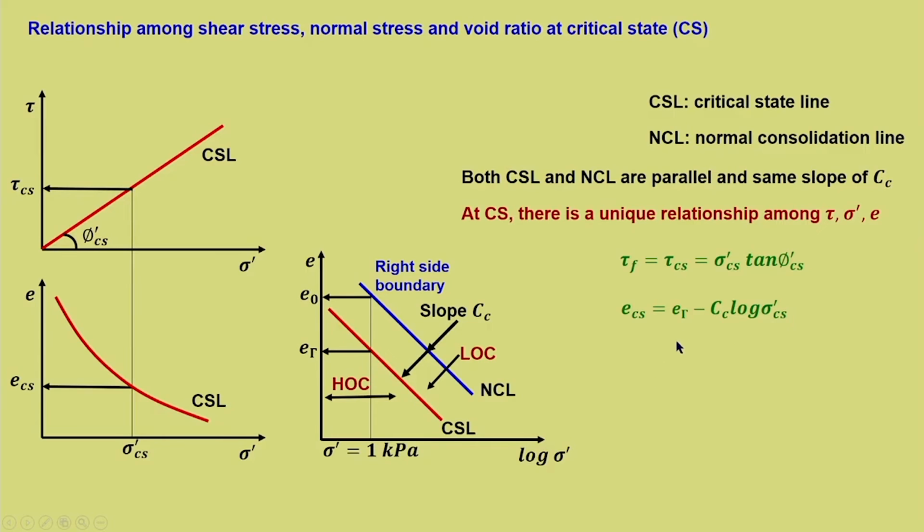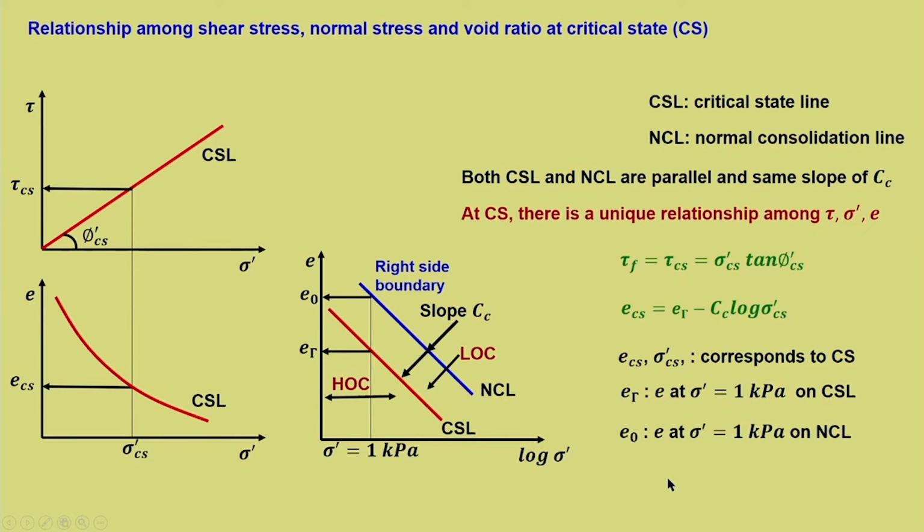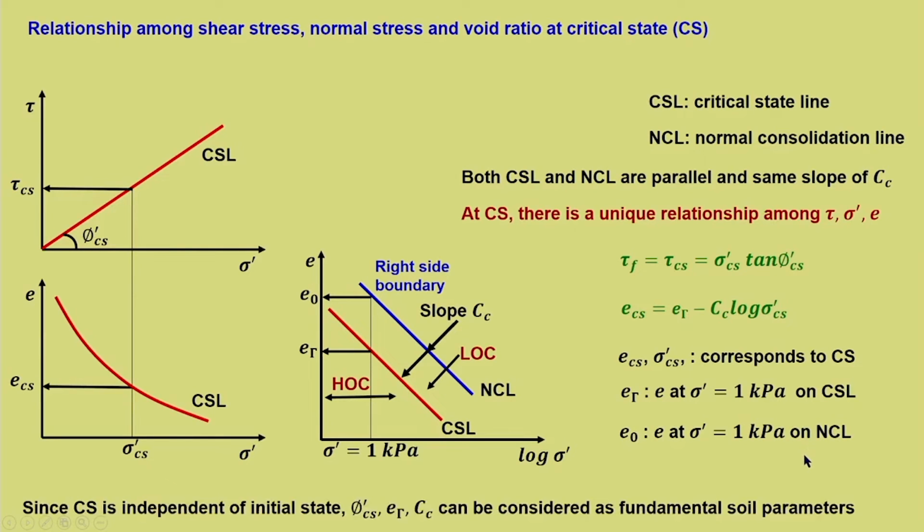So, these two are very important expressions, where e CS and sigma dash CS correspond to critical state. e gamma we have explained, that is e at sigma dash equal to 1 kilopascal on CSL, e naught is e at sigma dash equal to 1 kilopascal on NCL. So, since critical state is independent of initial state, phi dash CS, e gamma and Cc can be considered as fundamental soil parameters.